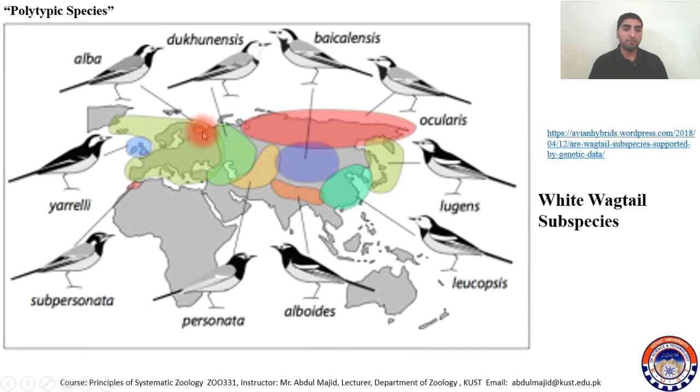This alba is from the Swedish area, and this is again from Europe. This one is also from Europe. Personata is again from Europe. This is from somewhere in China. This is from somewhere in Russia, in Asia. These populations are from Asia. This one is, I think, from Africa, and these are from Europe.